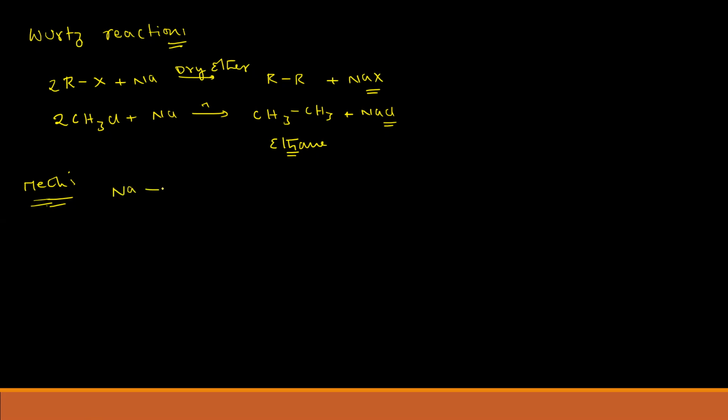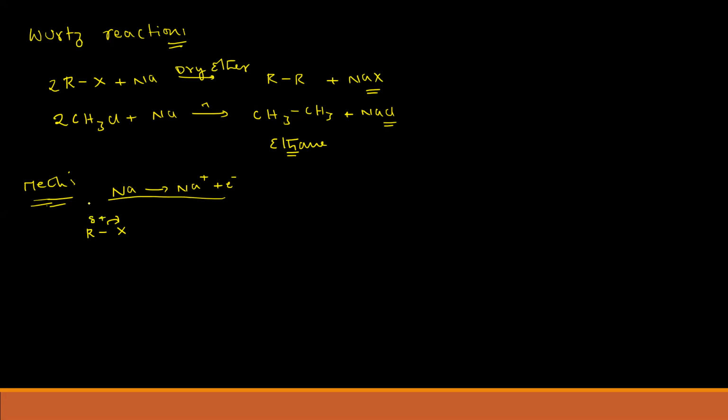So we have sodium. Sodium gives Na+ plus an electron. In the alkyl halide, the halogen is more electronegative, so the cleavage will be heterolytic, the halogen gets a negative charge, and the carbon gets a partial positive charge.